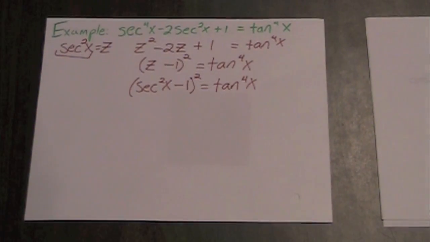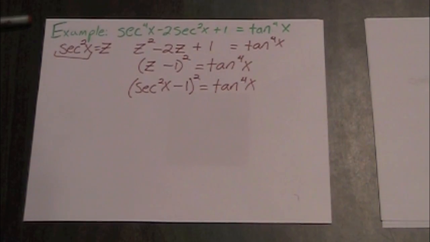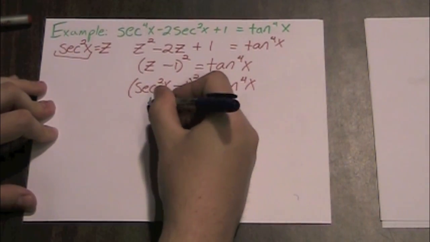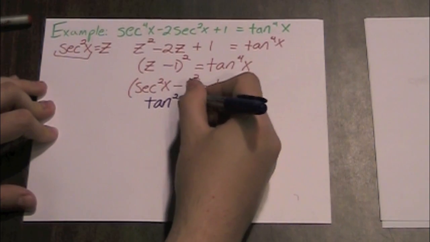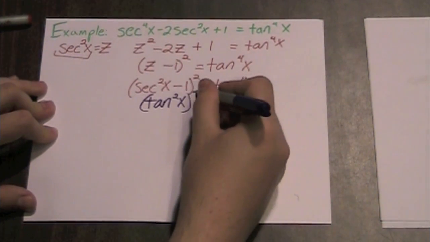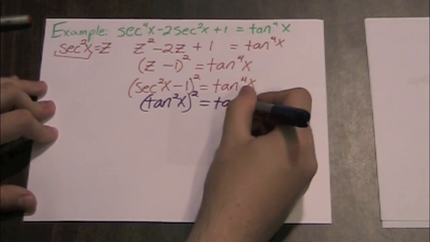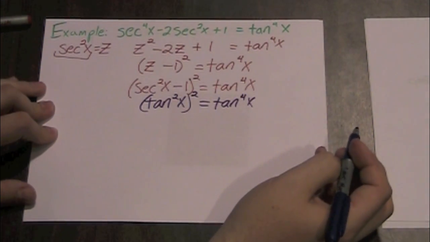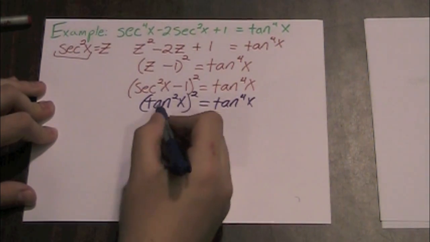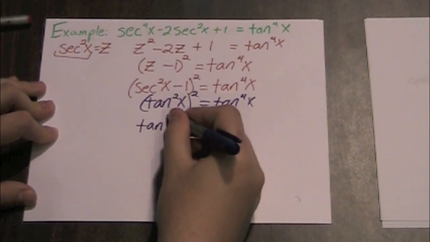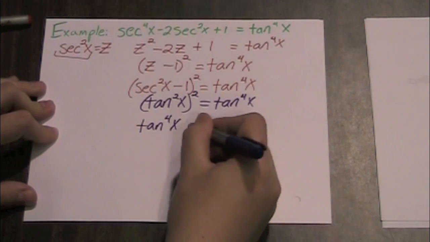We have a Pythagorean identity for secant squared of x minus 1, which is just the tangent squared of x. So we have tangent squared of x squared equals tangent to the fourth of x. If we just square the left side term, we arrive at our verification.